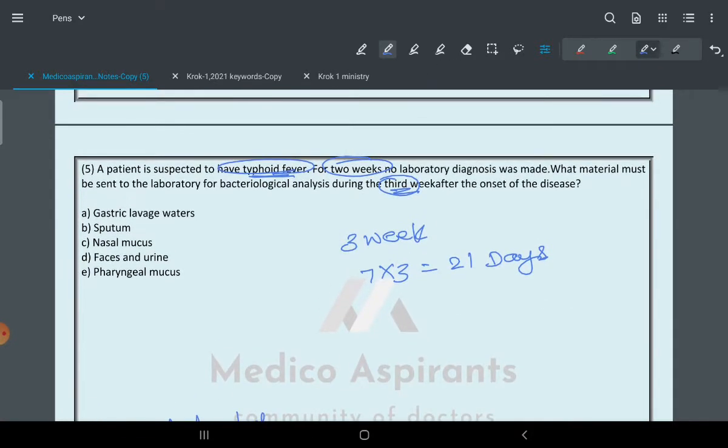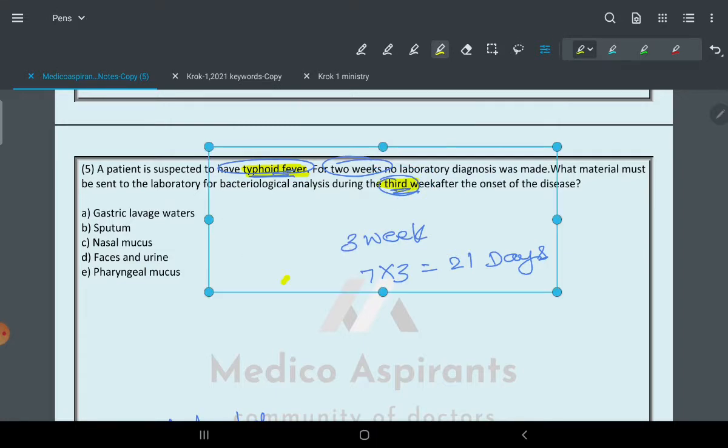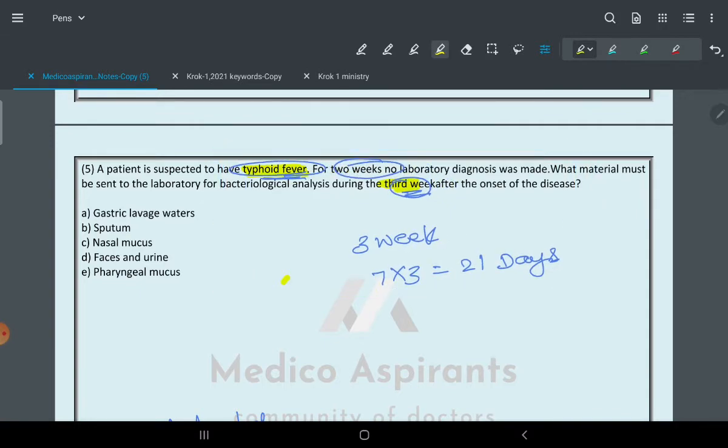In the question it was given that the patient has typhoid, and it is the third week bacteriological analysis. So which material should be sent? It is not a viral infection.